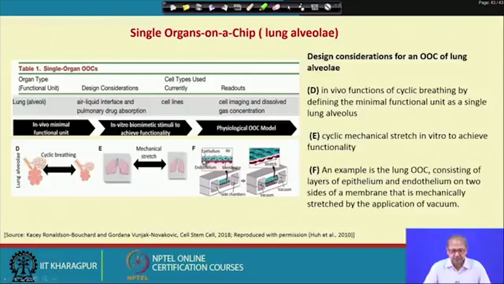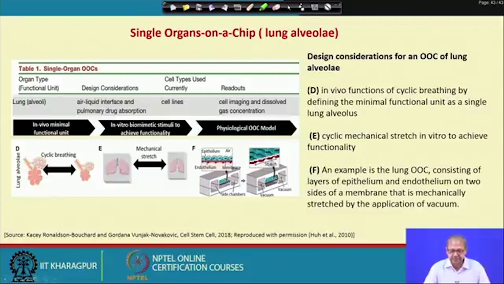In the microfluidic system, there is a porous membrane, a biocompatible, stretchable porous membrane. On the upper side of the membrane, epithelial cells are cultured, and on the bottom side, endothelial cells are cultured. After confluence, the media is replaced by air, and the stretching force is given by using side chamber vacuum.